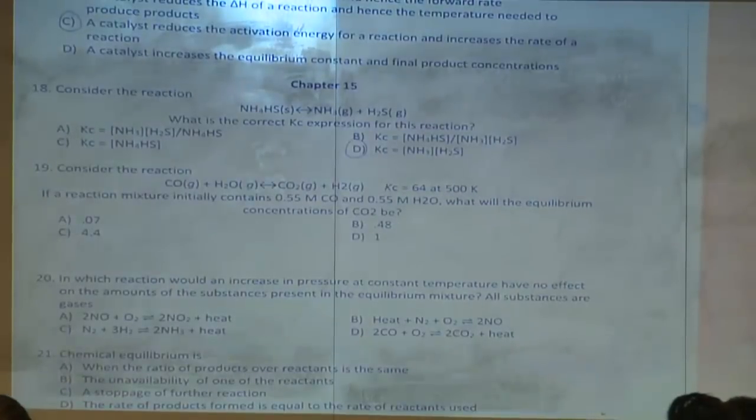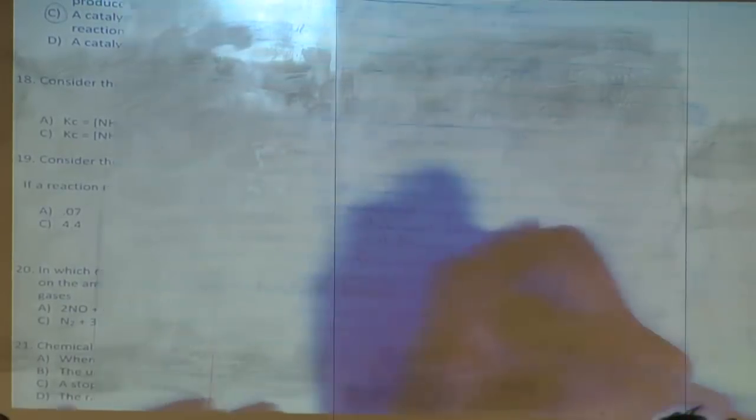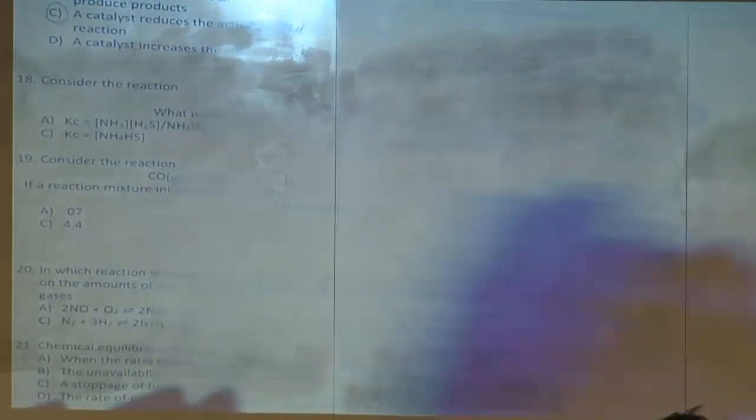Okay. Now 19, we're looking for the concentration of one of the products. So we're going to do an ice table. All right.